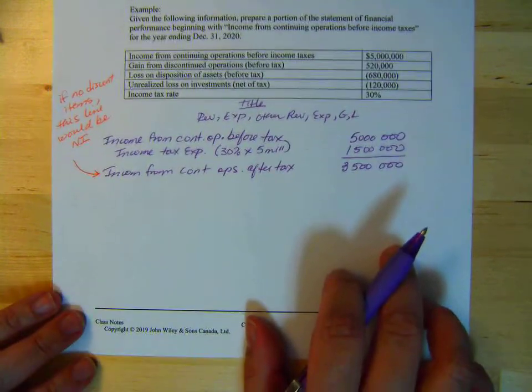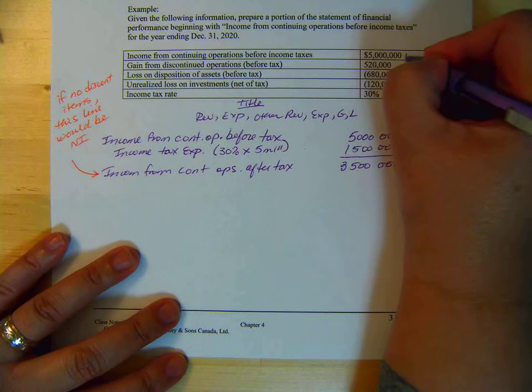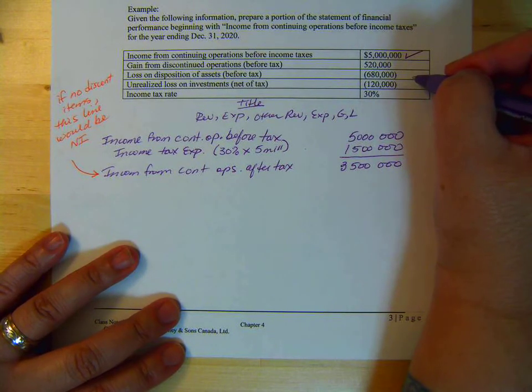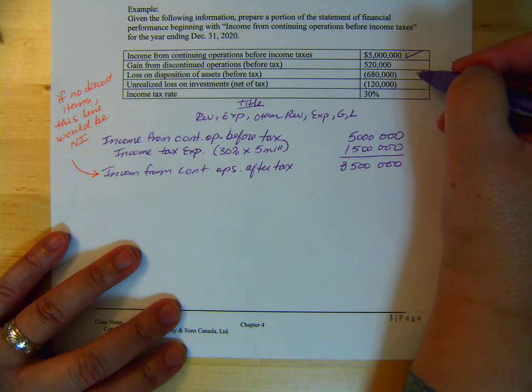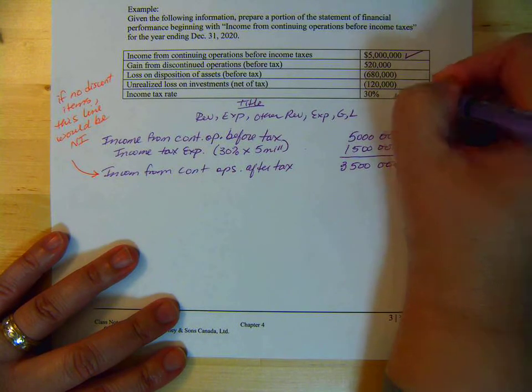So you notice it changes depending on what you have. So we've used the income tax rate.